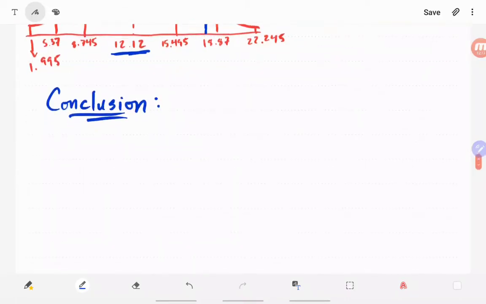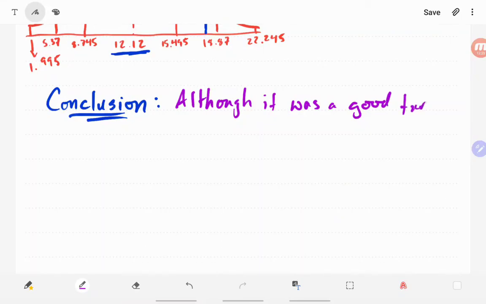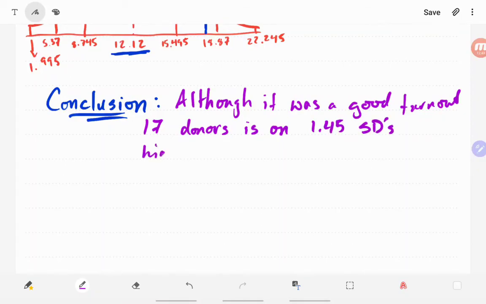Although it was a very good turnout, getting 17 type O negative donors is only 1.45 standard deviations higher than we expected.